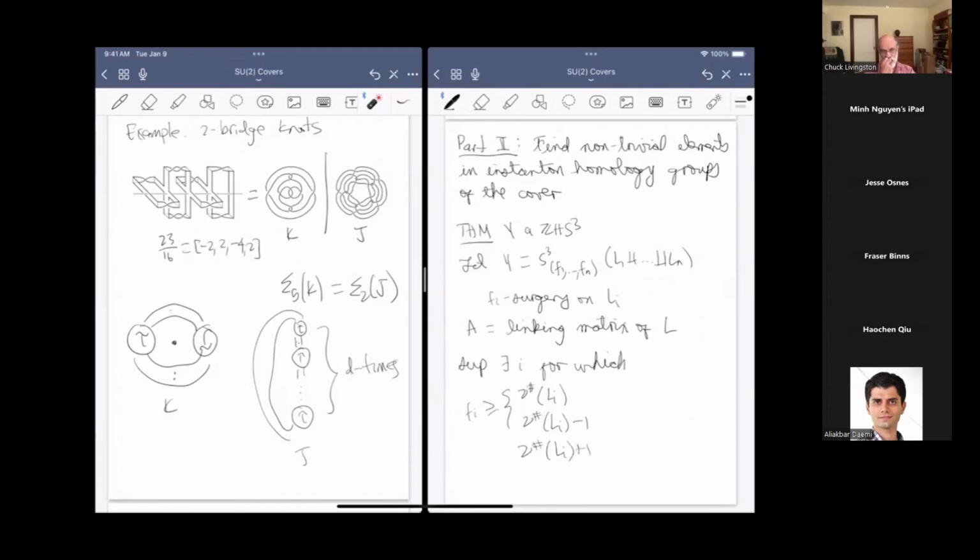I will tell you in a minute what this invariant is, but there is a number that I can associate to each knot in S3. And if the framing satisfies these bounds and A is negative definite, then there exist irreducible SU2 representations.